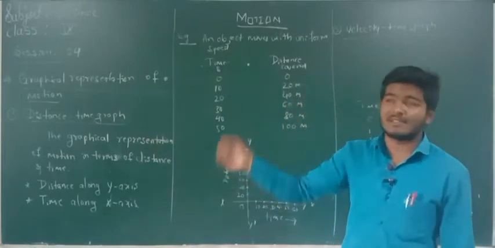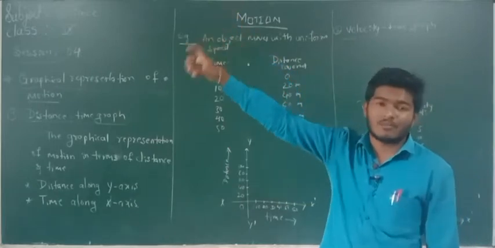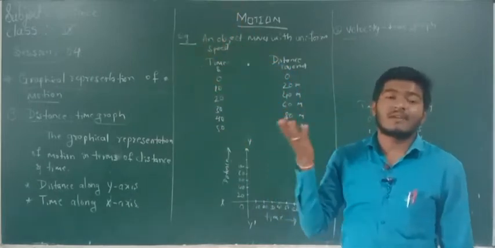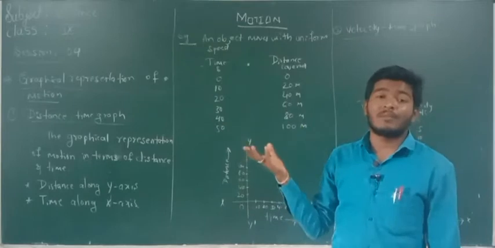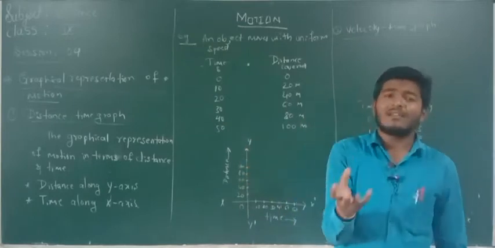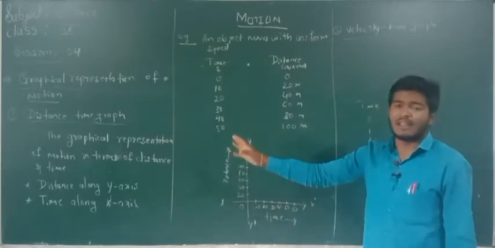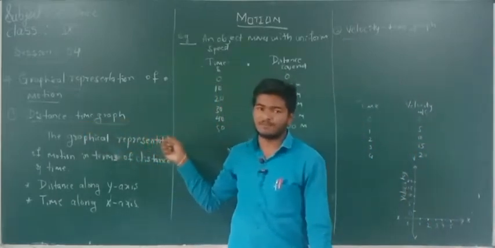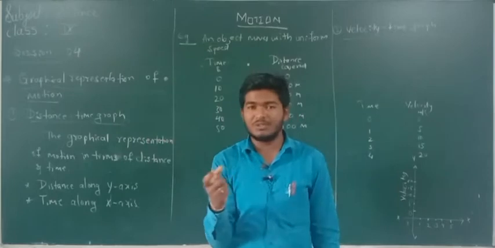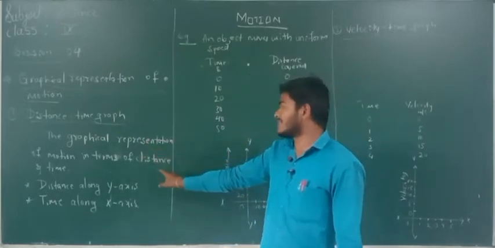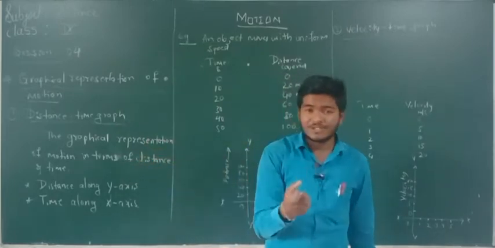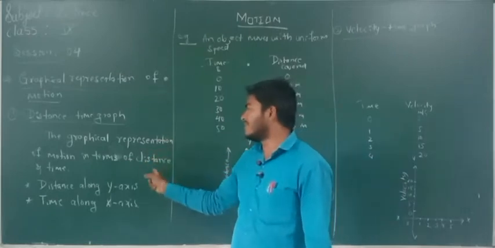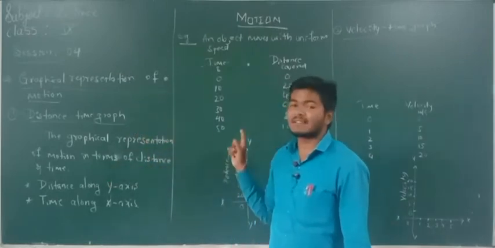That curve represents how much total distance is covered by an object and in how much time it is covered. We can get this information from the graph. The graphical representation of motion in terms of distance and time is known as the distance time graph.